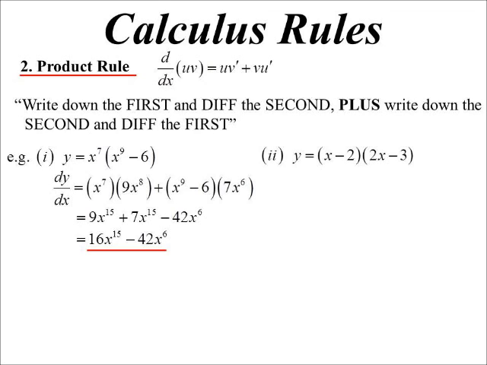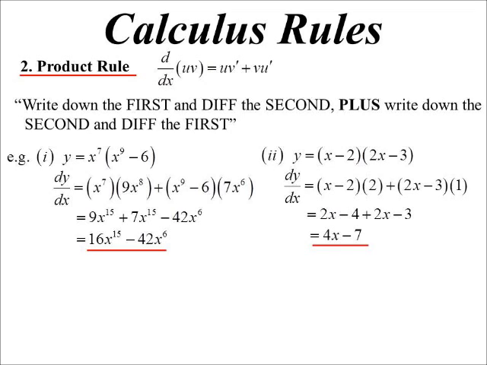Let's do another one. So again, yes, I could expand it out, but for the sake of the example, write down the first, x minus 2, diff the second, 2, plus write down the second, 2x minus 3, diff the first, 1. And then we just tidy that up and we get our derivative. d/dx, so the other notation, but again, it's a product of two things.